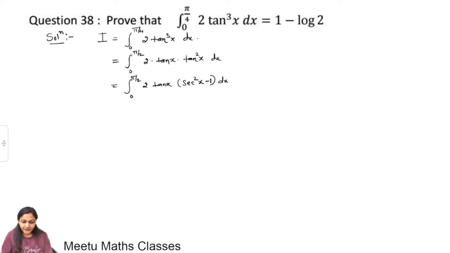Now this will divide your integral into two integrals. Your first one is integral 0 to pi/4 tan x into sec square x dx, and the other one is minus 2 times integral 0 to pi/4 tan x dx.